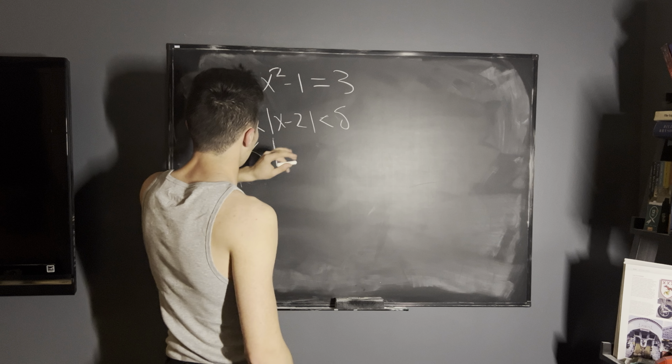Okay, we notice that this comes out to be x squared minus 4. We're going to have to recognize this is a difference of squares. This difference of squares is going to give us |x minus 2| times |x plus 2| is less than epsilon. My bad, that's supposed to be an implication.